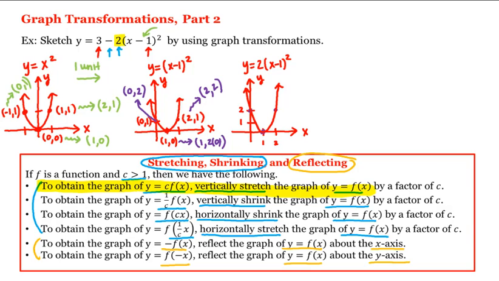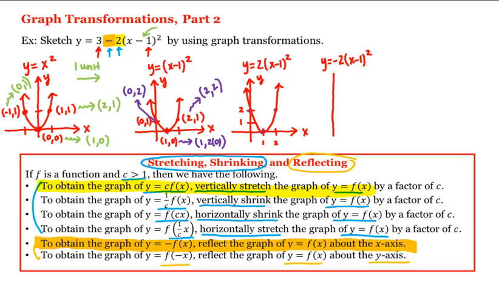All right, looking back up here to the function, now what does this negative do here? Well, looking down here, that means that we are going to reflect this graph about the x-axis. That is y equal to -2 times x minus 1 squared will look like this.